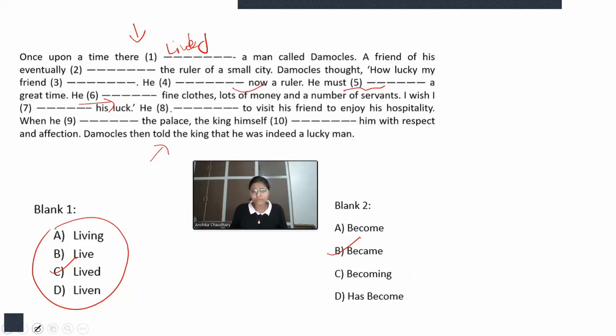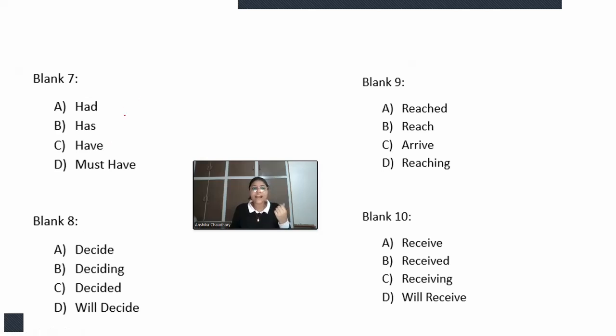Moving forward, I wish I his luck, the seventh blank. The options available are I had, has, have, or must have. Here we are talking about possession, to have something.